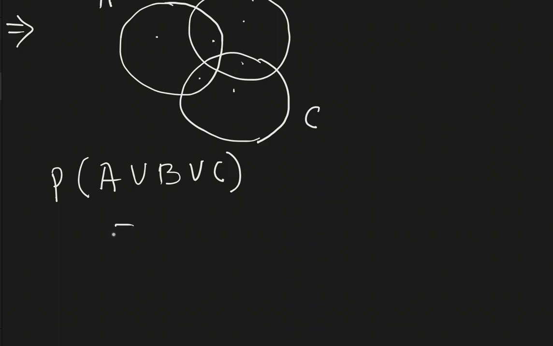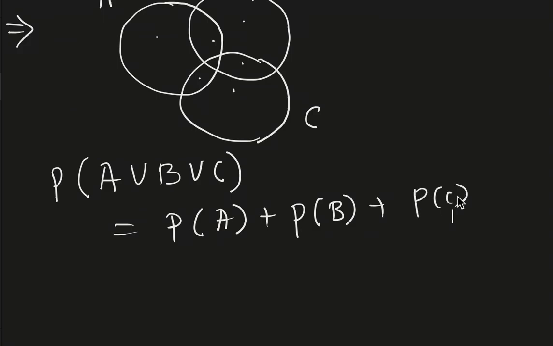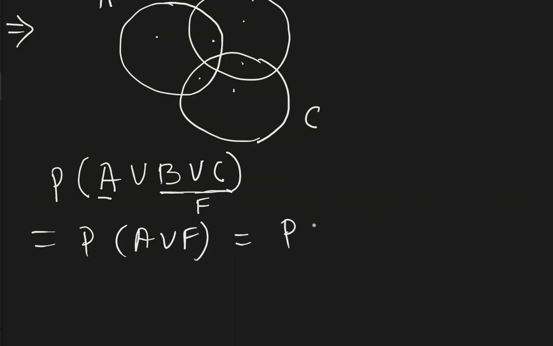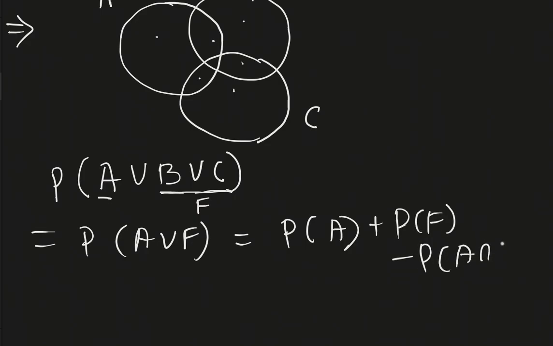So probability of A union B union C. First consider the last two as another event, say F. So P of A union F will be P of A plus P of F minus P of A intersection F.